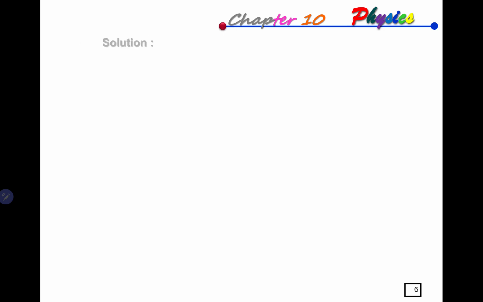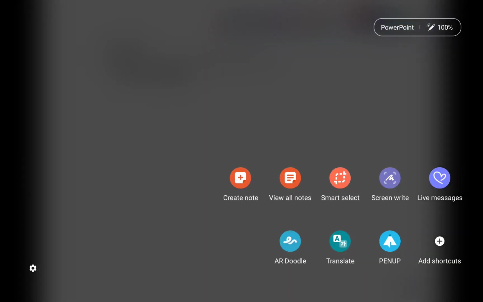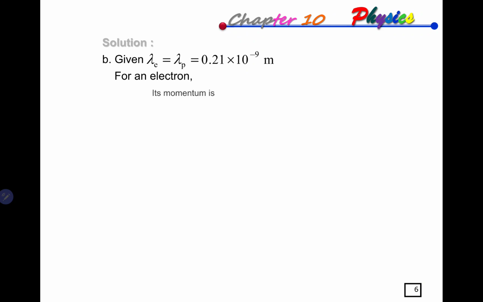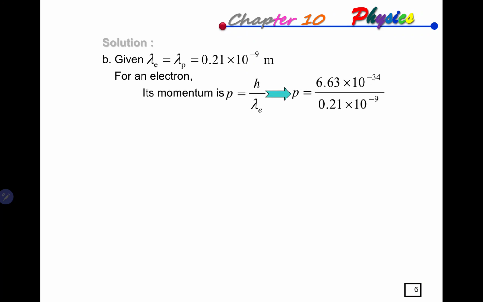For part B, since they have the same wavelength, we can calculate the momentum of the electron.